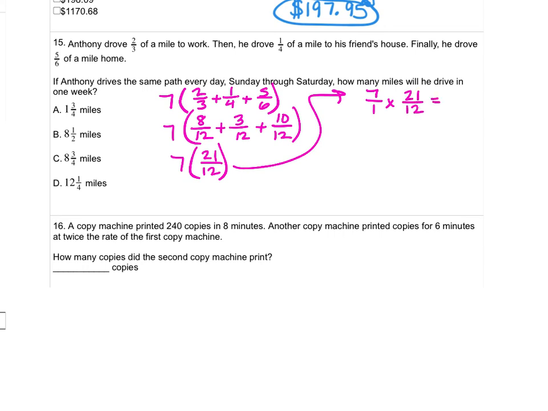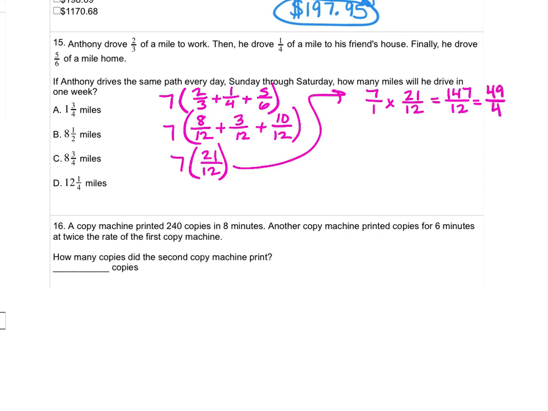7 times 21 is 147. 1 times 12 is 12. I noticed that both of these numbers will divide by 3 because 1 plus 4 plus 7 is 12, which divides by 3. And 1 plus 2 is 3, which divides by 3 from my divisibility rules. And so 147 divided by 3 is 49. 12 divided by 3 is 4.